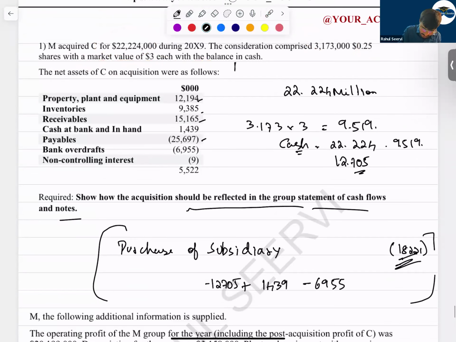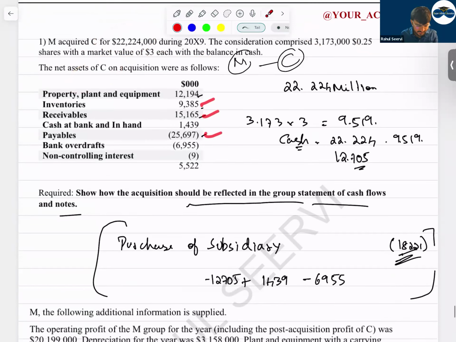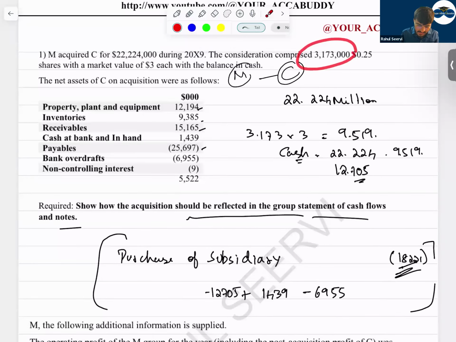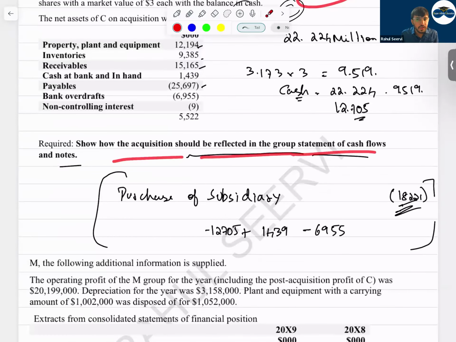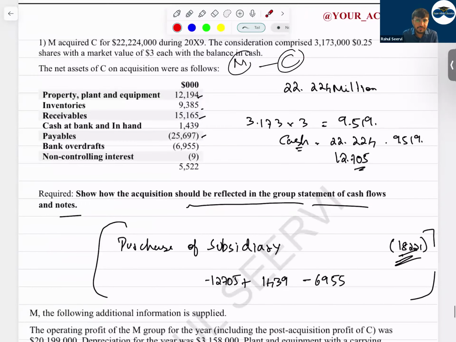M company has acquired C company, a subsidiary, and they have given the subsidiary's net assets, inventory, etc. There are two payments, cash and share. No issues. Now, show how the acquisition should be reflected in the group.